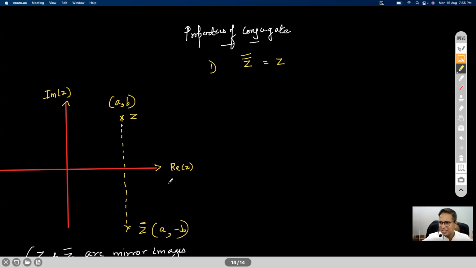That's a very obvious property. If 3 plus 4i has conjugate 3 minus 4i, and you take the conjugate again, it becomes 3 plus 4i again. So on an even number of conjugations, the complex number will not change. If I do it 4 times or 6 times, it will still remain the same. Clear?